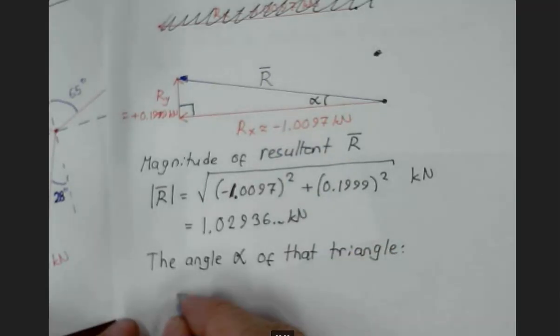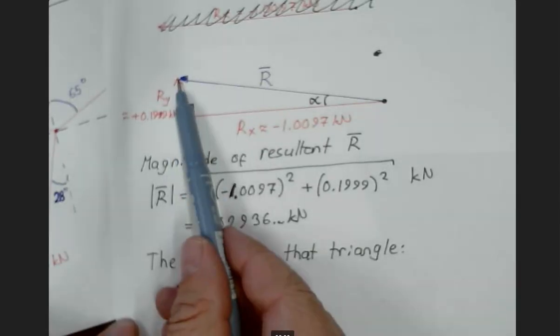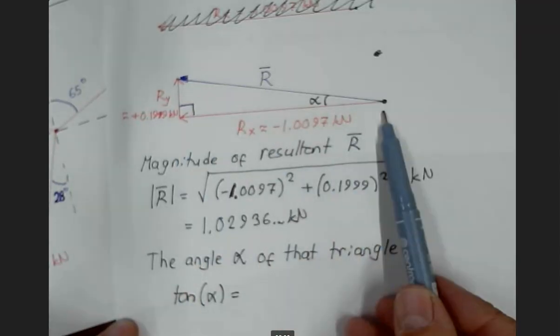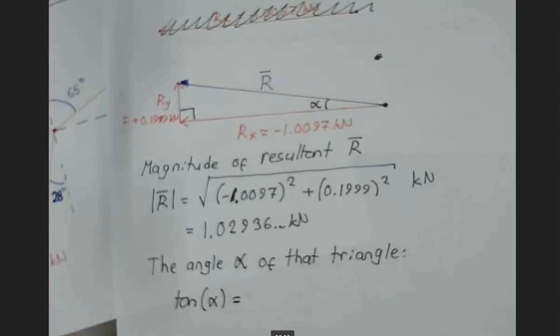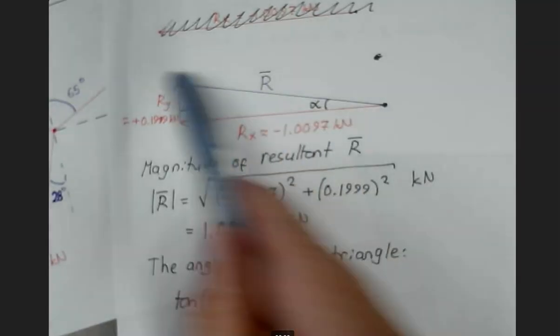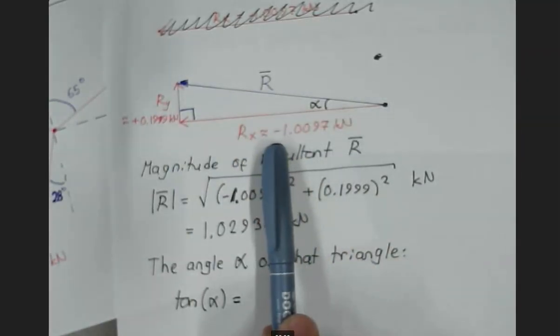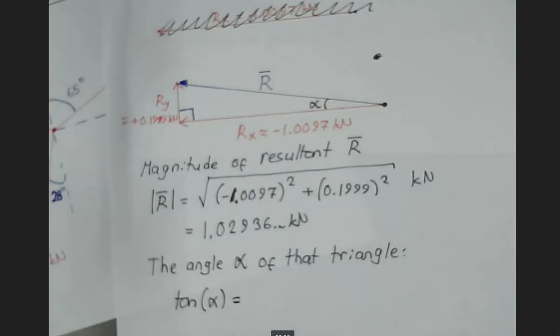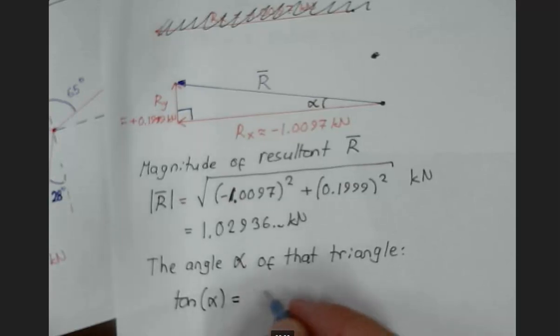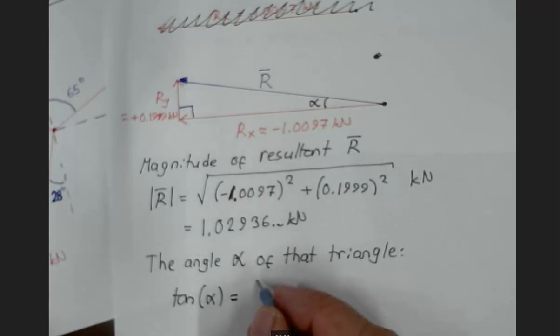So we know that tangent alpha equals this divided by this. And let's not use those signs there. We only use the positive or absolute values of the lengths, because we are having this triangle. We don't get negative values for the sides of the triangle, so that's why we use only the positive numbers here.